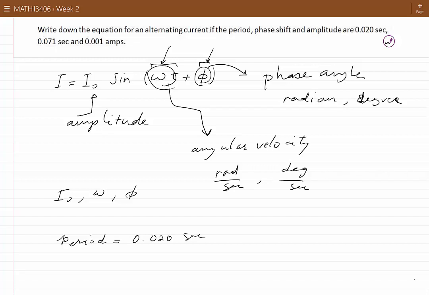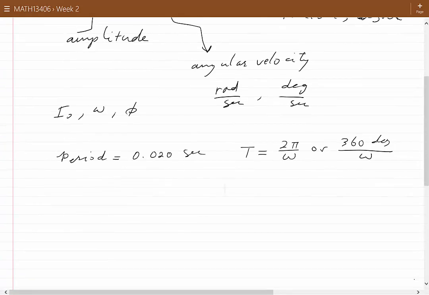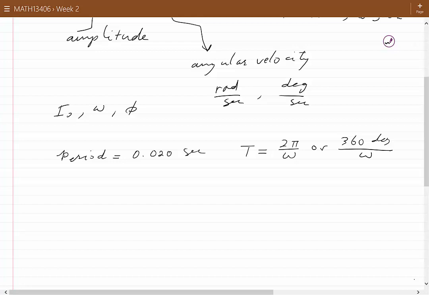But we know that the period, which I show by T, is equal to 2 pi by omega, or 360 degrees by omega, depending on what unit we want to use for omega. Since I am going with radians, therefore this would be my choice.